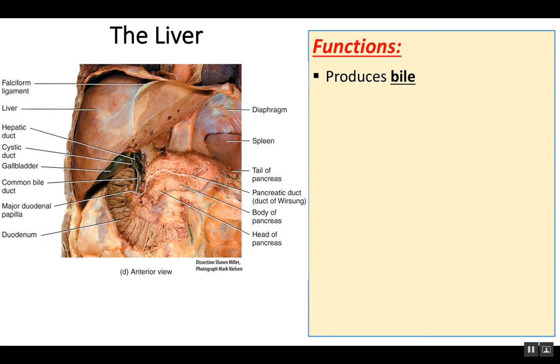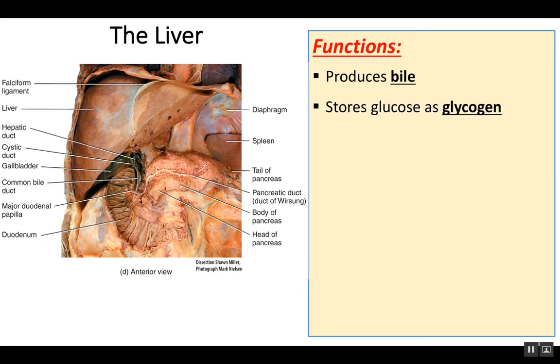Other functions of the liver aren't necessarily occurring at this point in time where we have food in the duodenum. But if you remember, after absorption, blood goes to the liver, right? Blood from the GI tract goes to the liver. So a lot of these other functions are happening after you absorb your nutrients. We haven't quite gotten to that point yet.